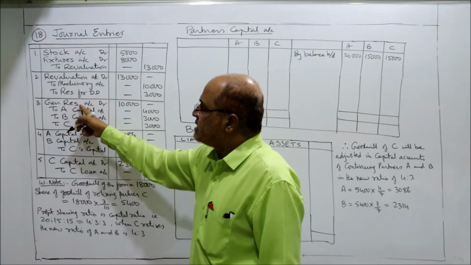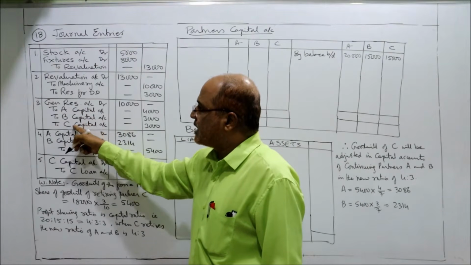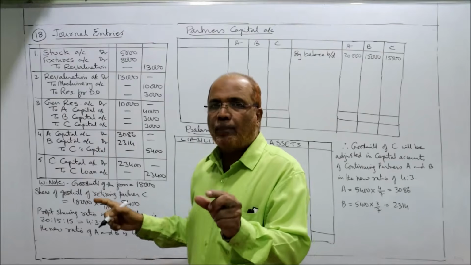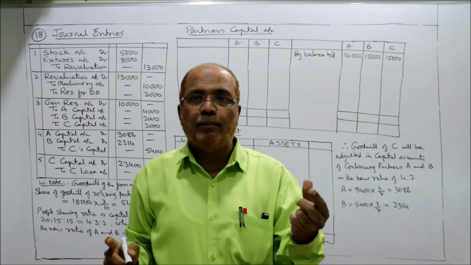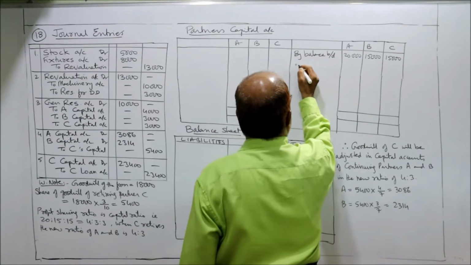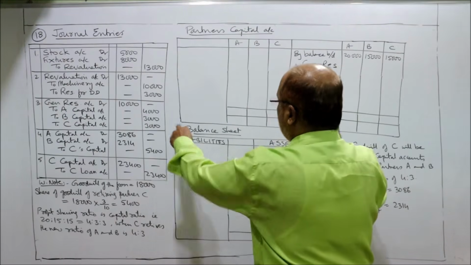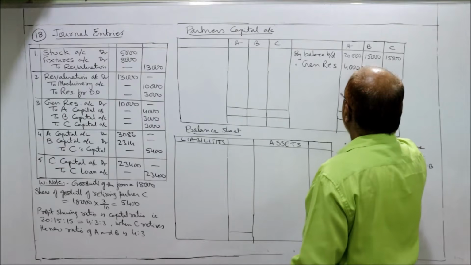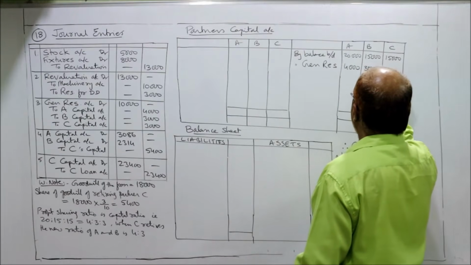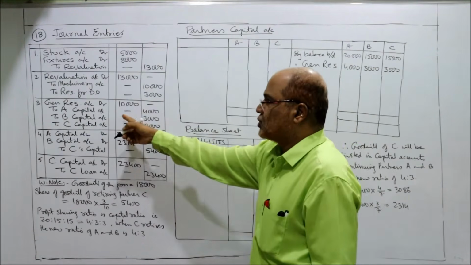General reserve account debit to A's capital, B's capital, C's capital. So all the partners' capital accounts should be credited by general reserve. How much is the amount? 4,000, 3,000 and 3,000. This entry is posted.